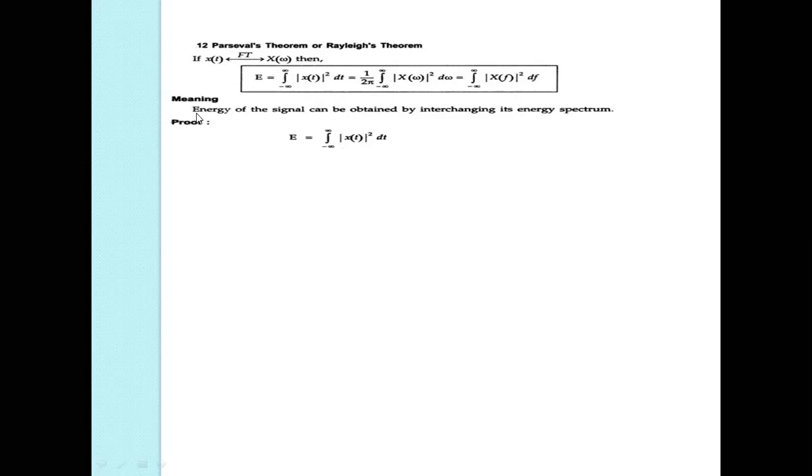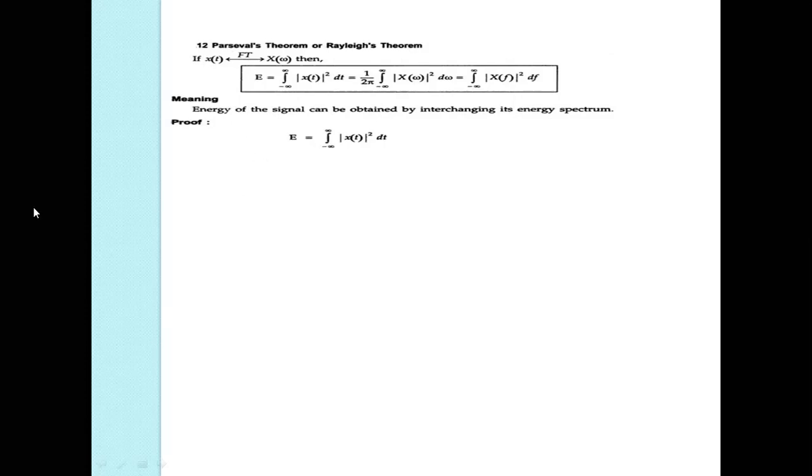You can prove that. What is the meaning here? The energy of a signal can be obtained by integrating its energy spectrum.